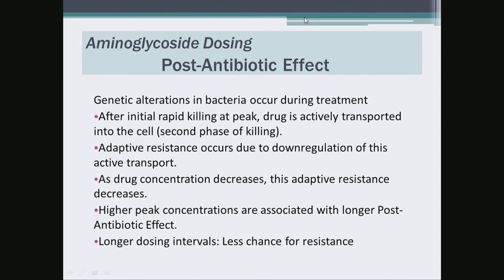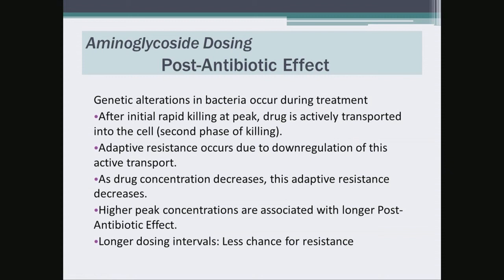There's something called the post-antibiotic effect for aminoglycosides. We know that there are genetic alterations in bacteria that occur during treatment. And after the initial rapid killing during the time of peak concentration, the drug is actively transported into the cell, which triggers the second phase of bacterial killing.